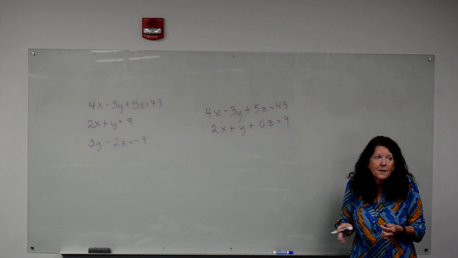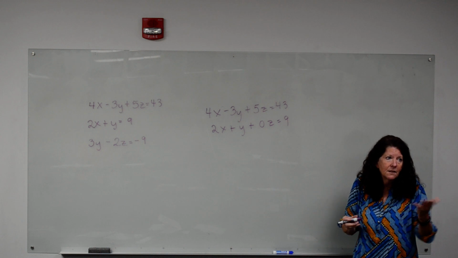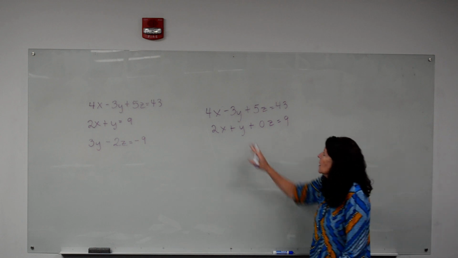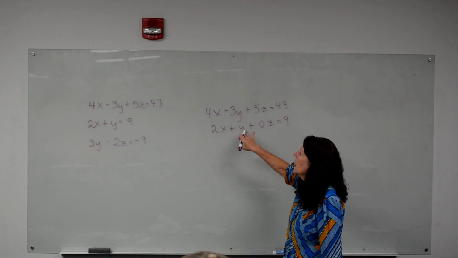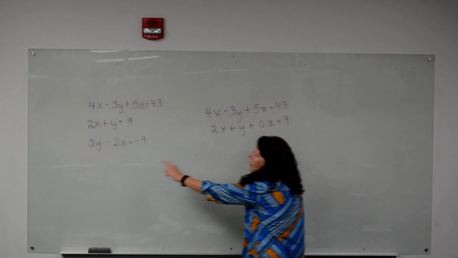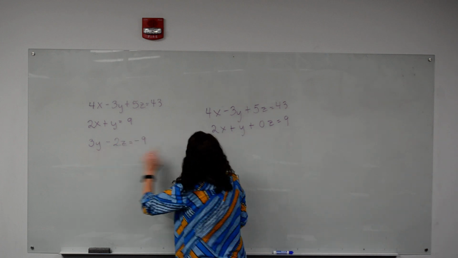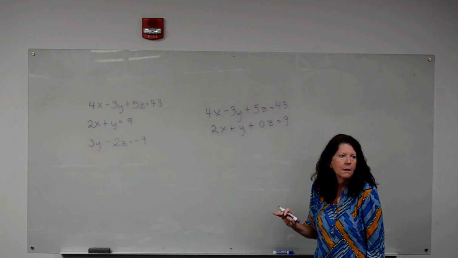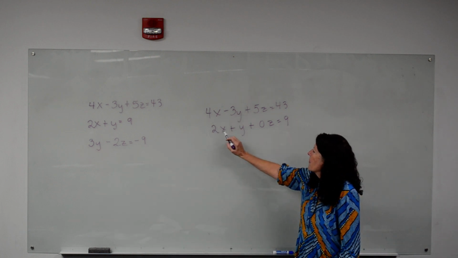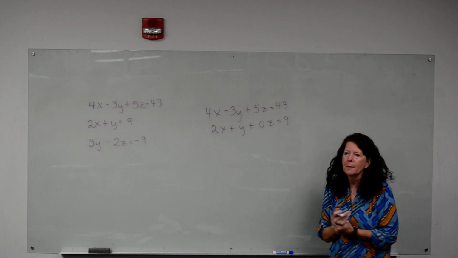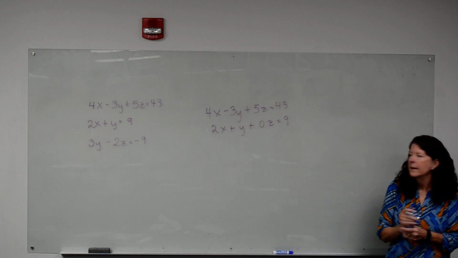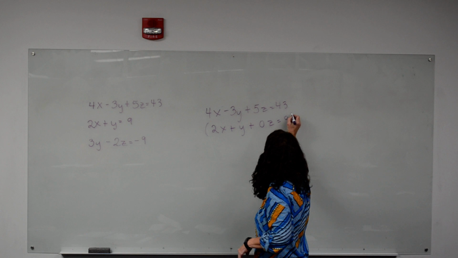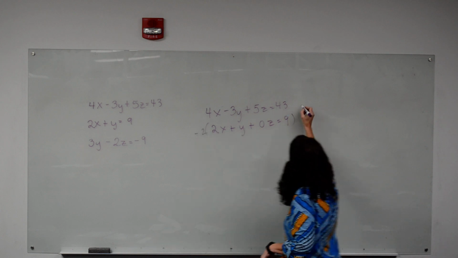If I don't have a z, I can always write 0z because that's actually equal to nothing. So if I can take these two and eliminate out the x, then the answer to this I can put with that. So what can I do to eliminate out the x? Multiply this by -2.